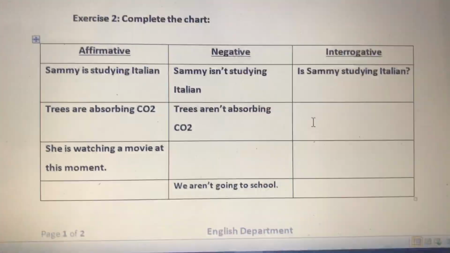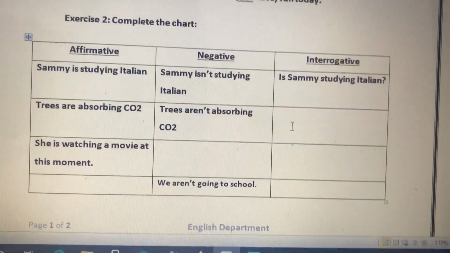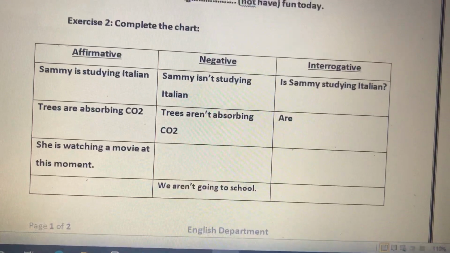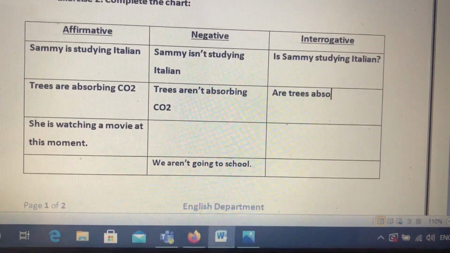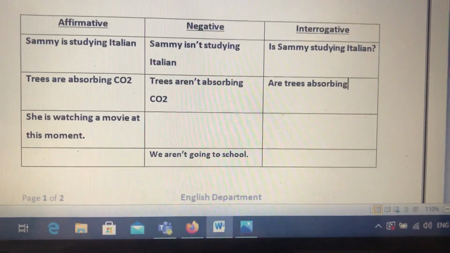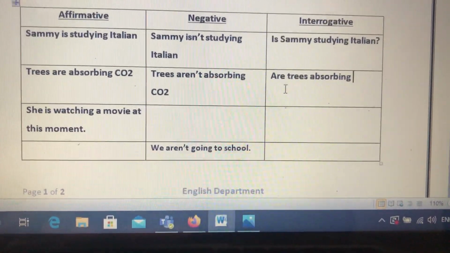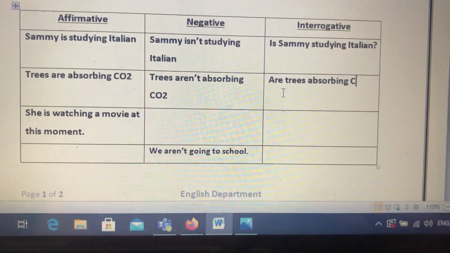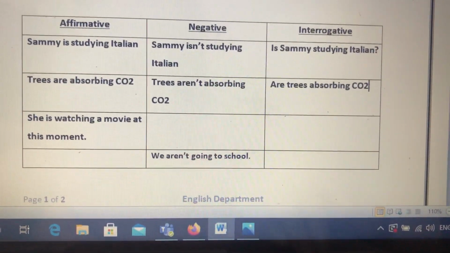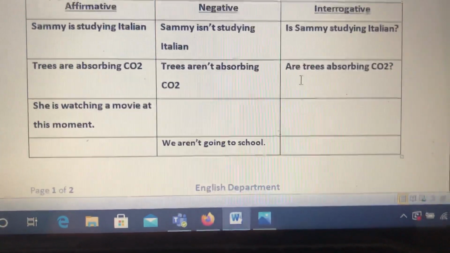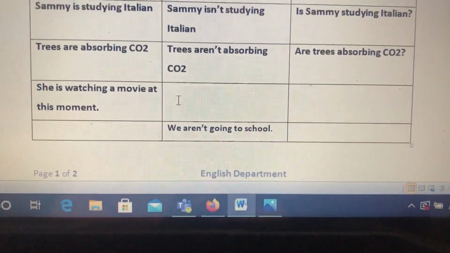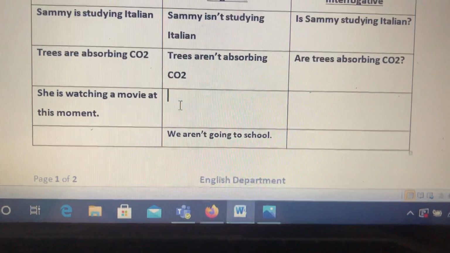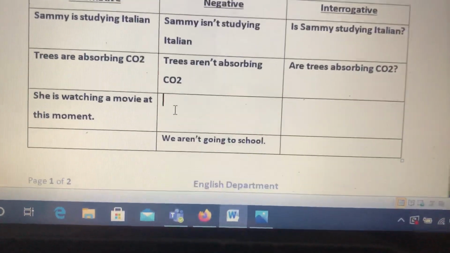In the interrogative form, are trees absorbing CO2? Question mark. Sentence number 3, she's watching a movie at this moment.